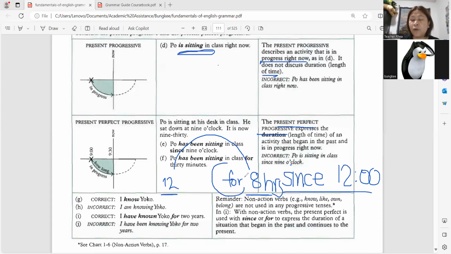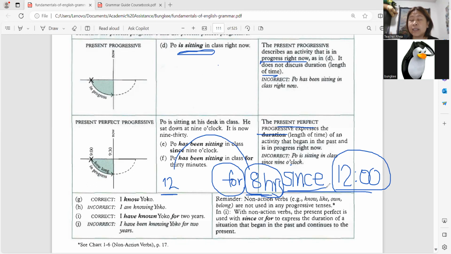You use for when you want to express the length of time, how many hours. For how many hours have you been sitting? I have been sitting for 8 hours, 10 hours. But if you are going to talk about the time when you started sitting, you use since. I have been sitting since 12 o'clock.